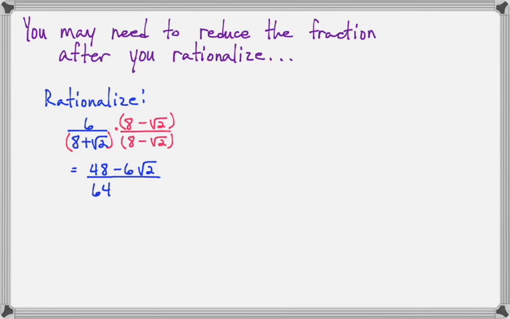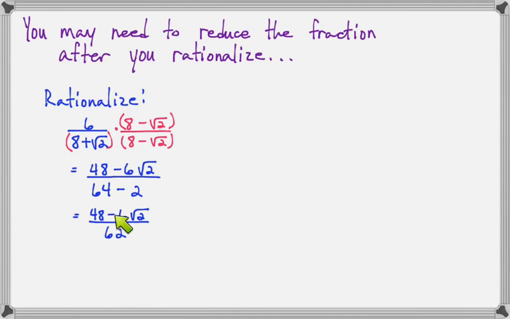So 6 times 8 is 48, and 6 times square root of 2 is of course just that. Now 8 times 8 is 64, and outer plus inner will go away, but last times last is going to make minus 2. And we will simplify the bottom. 64 minus 2 is 62.